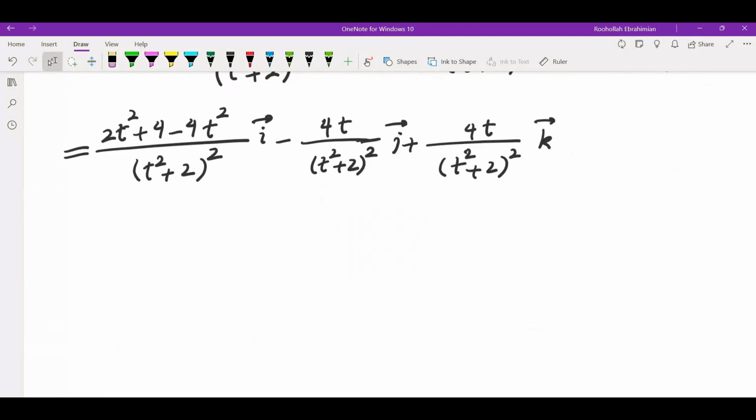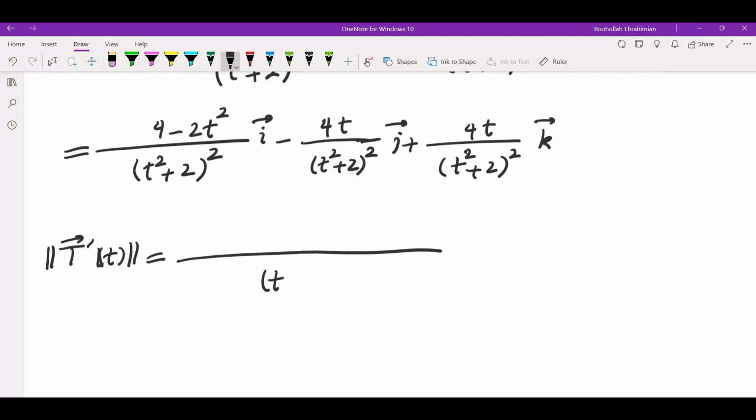Okay, so let's simplify this and let's find its magnitude. So I'm going to rewrite that as minus 2t squared. And then we're going to take the magnitude. So T prime would be, taking the magnitude, we get (t squared plus 2) to the power of 4 at the bottom.